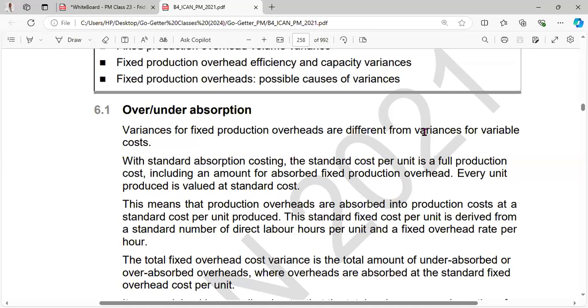Every unit produced is valued at standard cost. This means that production overheads are absorbed into production at number of direct labor hours and a fixed overhead rate per hour.